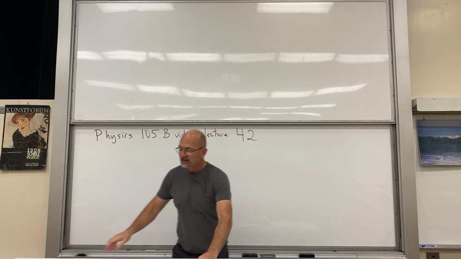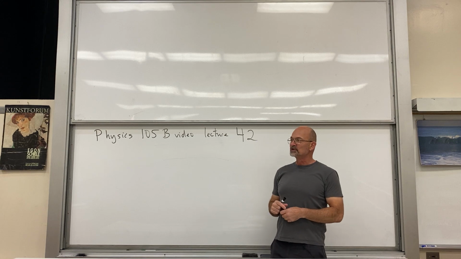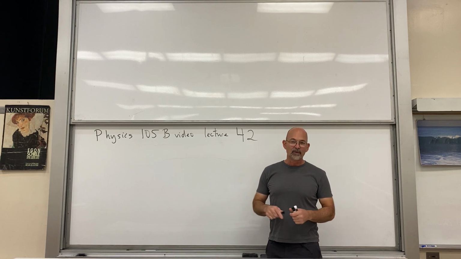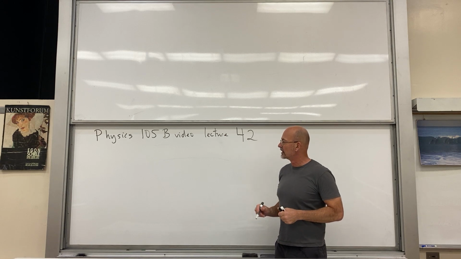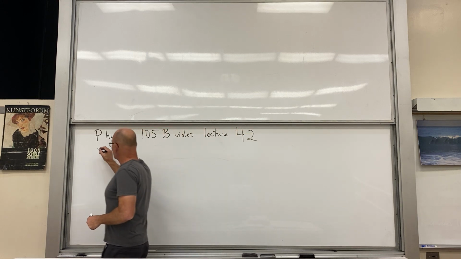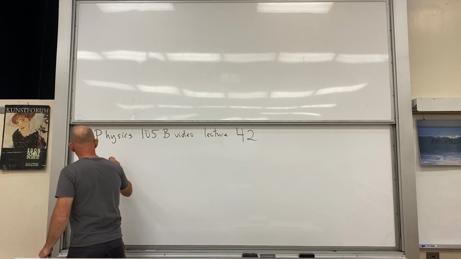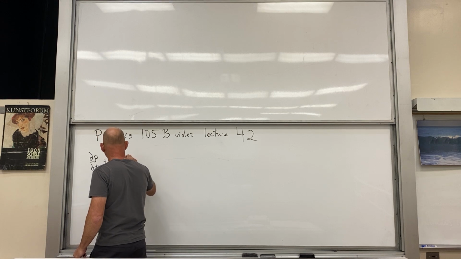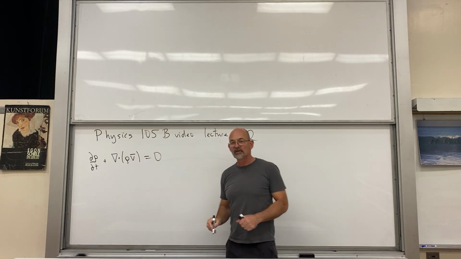So we spent a lot of time just deriving the equations of motion for fluid mechanics. So now we have them, we actually want to do some applications. So we'll write down our equations just to have them here. The continuity equation, and now we have Euler's equation as well.